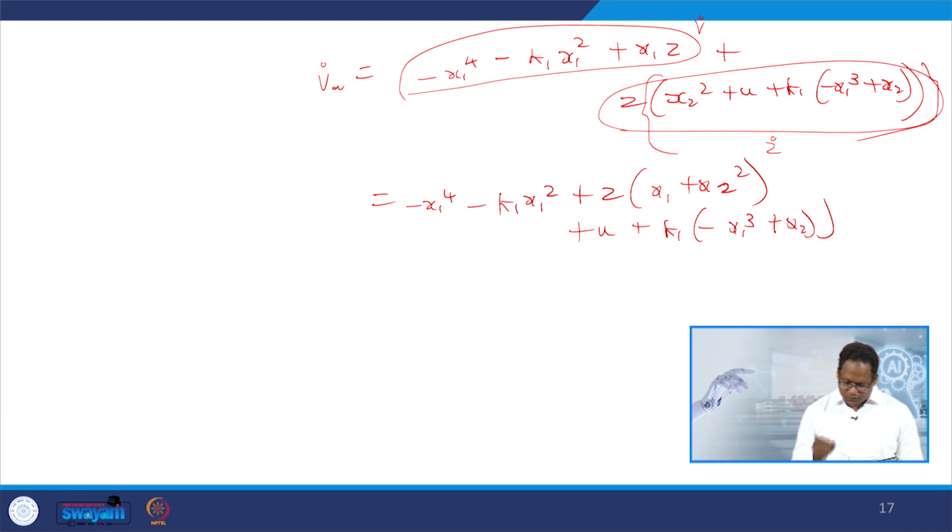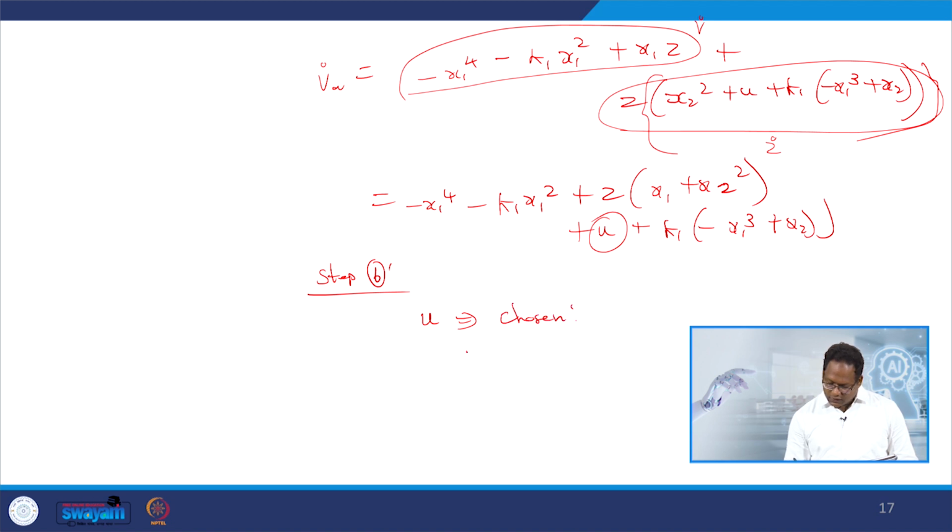Thus, step 6 is to select a proper u, chosen such that V a dot is negative definite, which will make the second order system stabilizable.